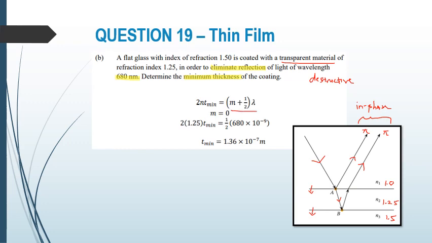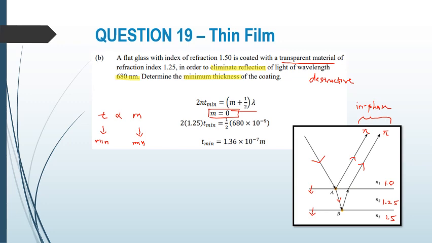So the question mentions minimum thickness. Well, we know thickness is proportional to order, so for minimum thickness, you want to use minimum order. When it comes to (m plus half) lambda, the smallest value of m that you can use and still give you a non-zero thickness is m equals to 0. So when you have the equation (m plus half) lambda, the minimum m should be 0.